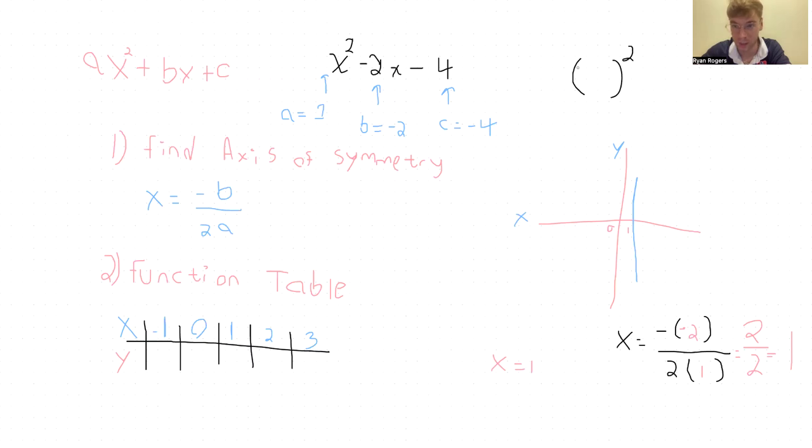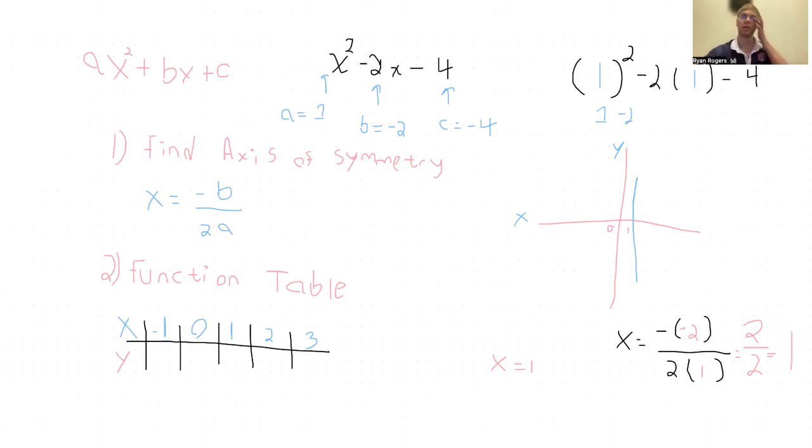Again, not x, I'm going to write a number in there, -4. So instead of x, I'm going to use my axis of symmetry. 1 squared, -2 times 1, -4. So 1 squared is 1, minus a 2, minus a 4.